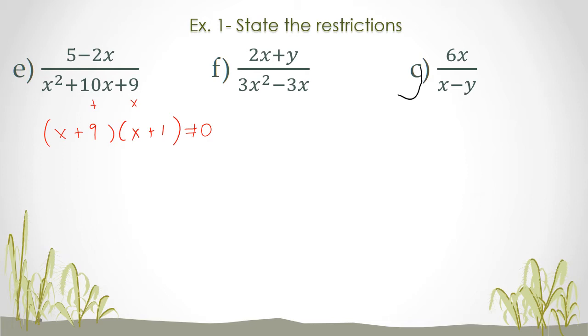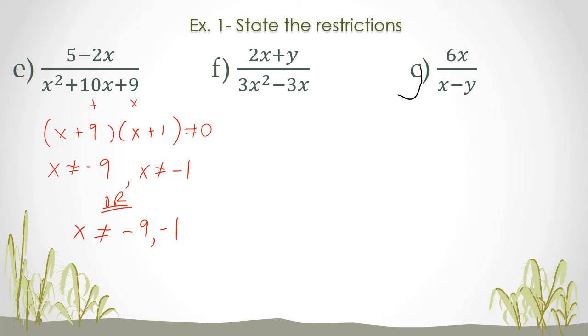So my zeros are x can equal -9 and x can equal -1. You can list them like that, or if you want to save yourself a little bit of writing, you could just write x can equal -9, comma, -1.